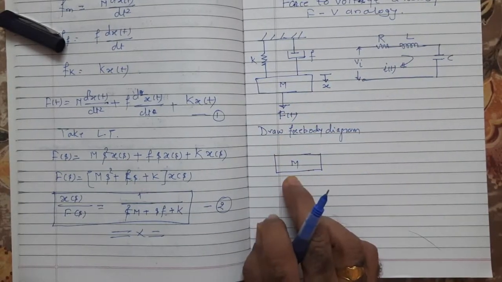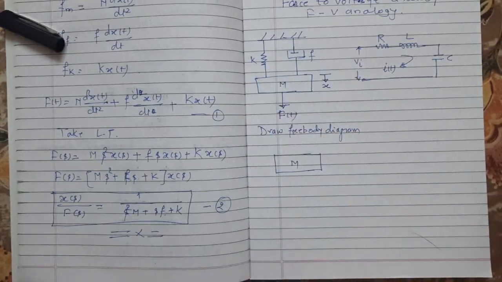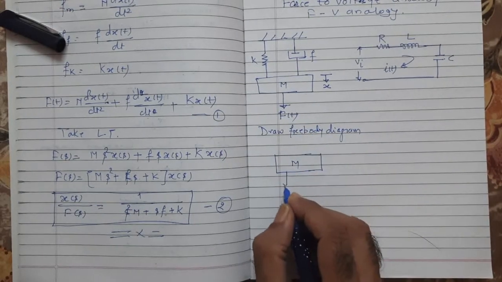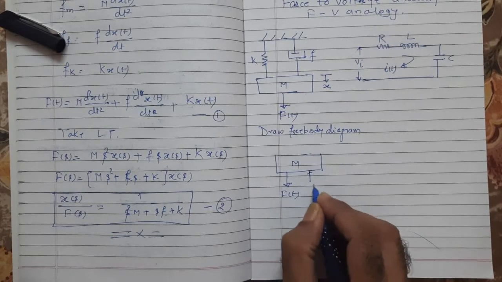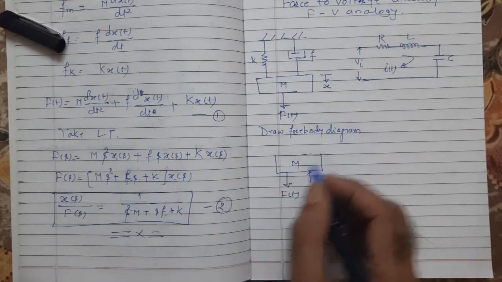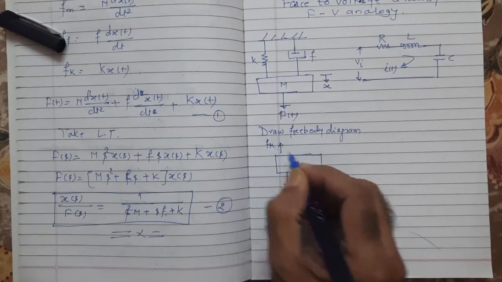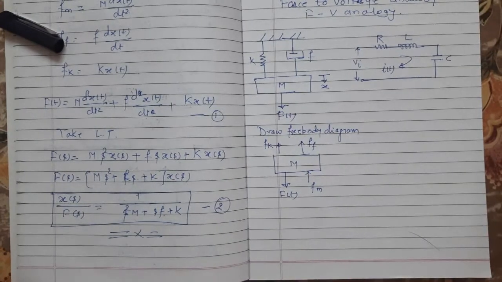So we will draw the free body diagram at the mass. There are the three components, so we have three forces. One more force is there, that is the applied force. The applied force is in the downward direction, so this becomes F of T, and the rest of the forces will be in the opposite direction, that is this is Fm, this is Fk, and this is Ff. These are the three forces.